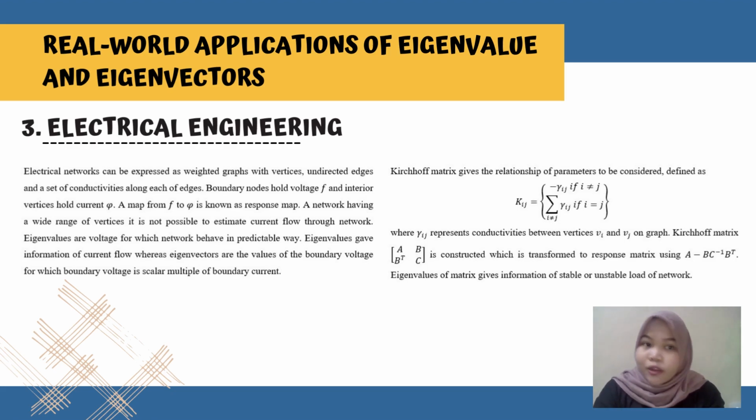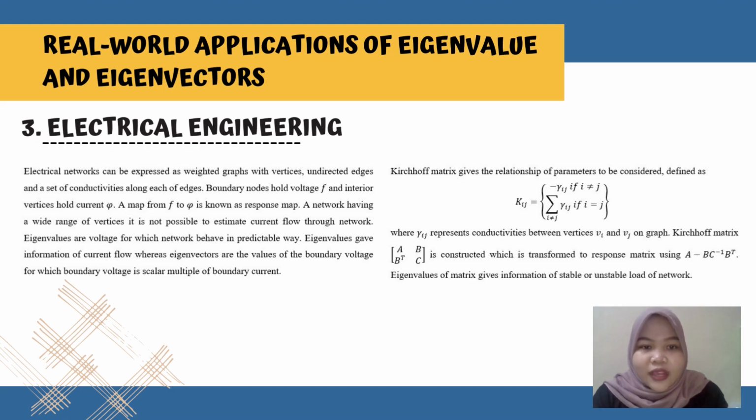Last but not least, the real-world application is electrical engineering. Electrical networks can be expressed as weighted graphs with vertices, undirected edges, and a set of conductivities along each edge. Boundary nodes hold voltage f, and interior vertices hold current phi.